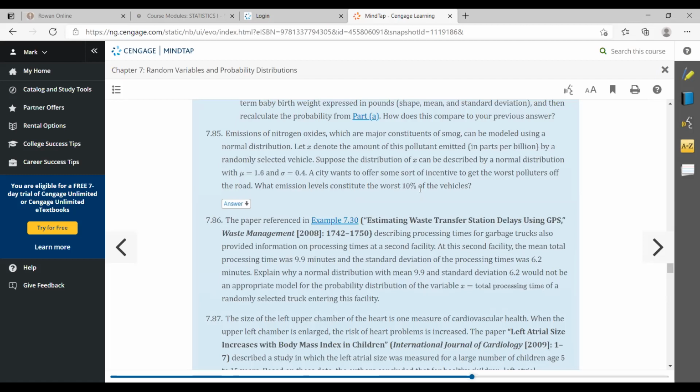And is bad meaning more pollutants or less pollutants? Remember what's being measured here, the amount of pollution. Is more pollution worse or less pollution worse? More pollution. So is this a lower tail or upper tail?